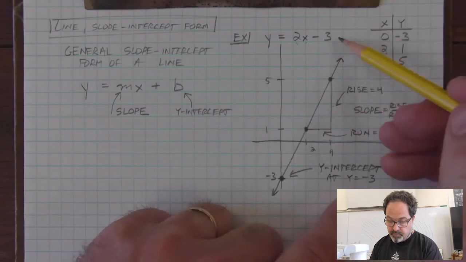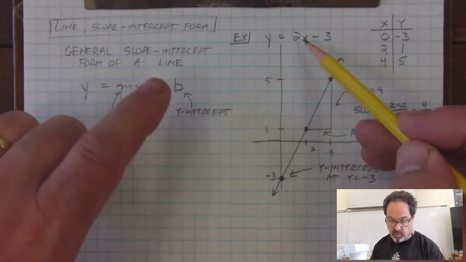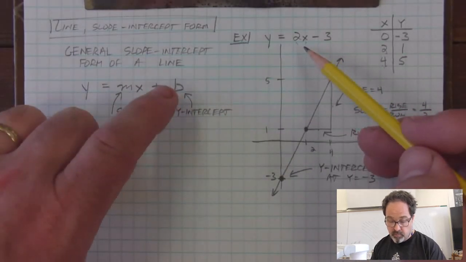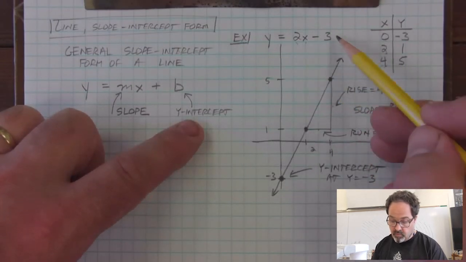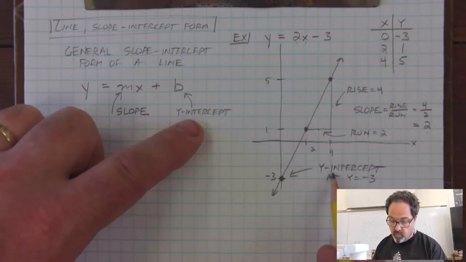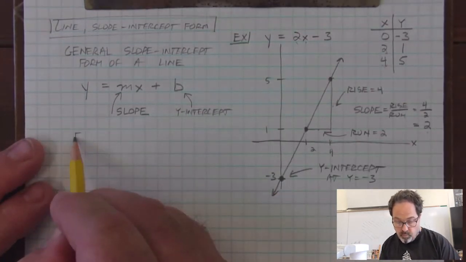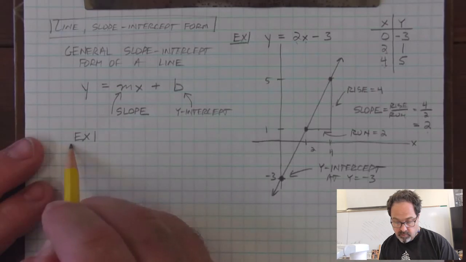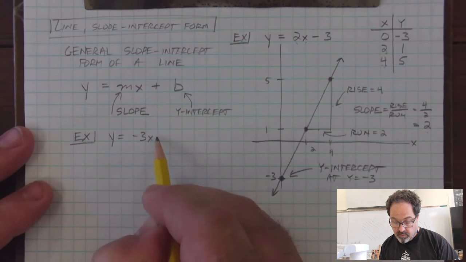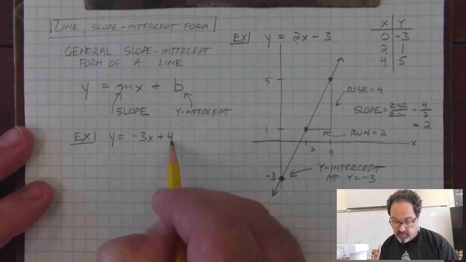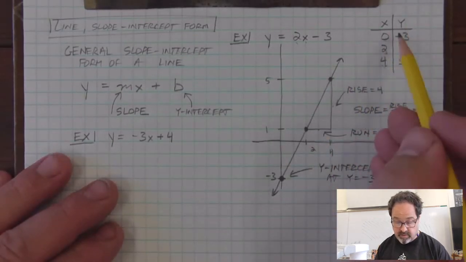In the equation, we have a 3 being subtracted from the term that has x. We know in general that we use the letter b to represent that value, and we call it the y-intercept. And it corresponds in this equation to a y-intercept at negative 3. When an equation for a line is in slope-intercept form, we can very quickly get an understanding of these 2 important concepts without needing to graph the line or make a t-table.